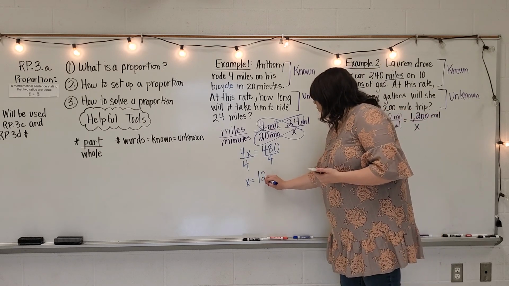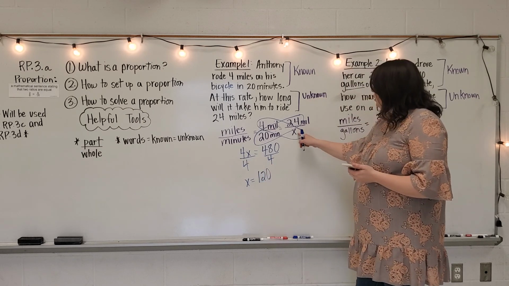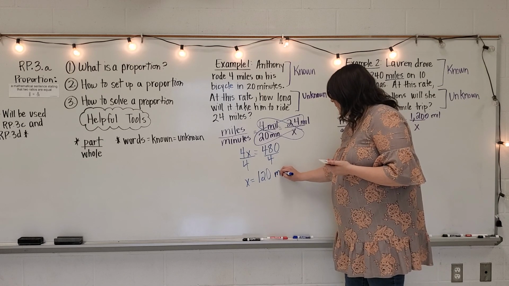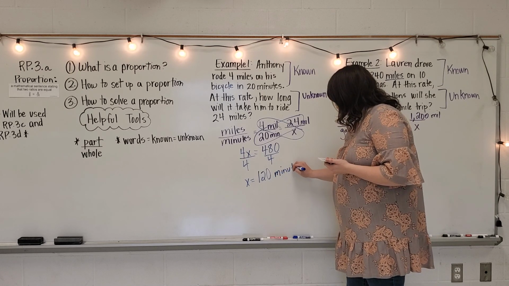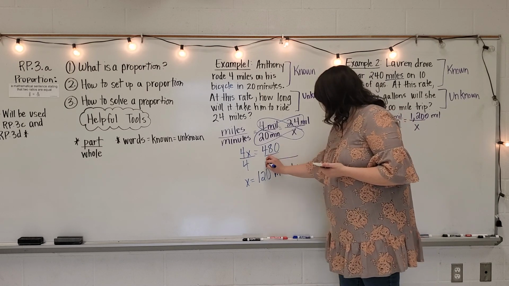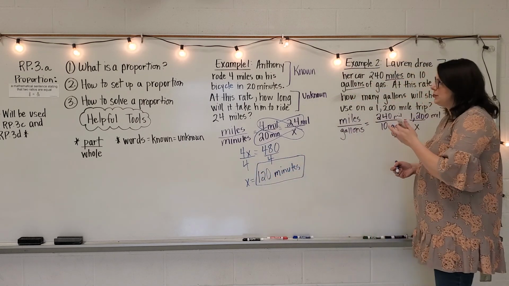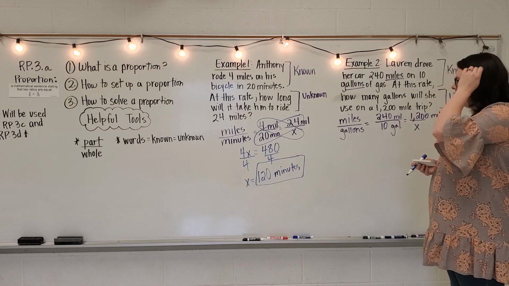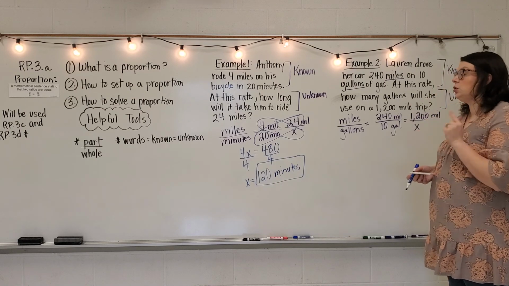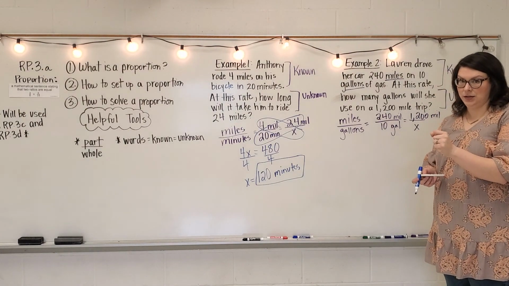It's going to equal 120, and we were looking for minutes. So the answer to my question is it will take Anthony 120 minutes to go 24 miles at this same rate.